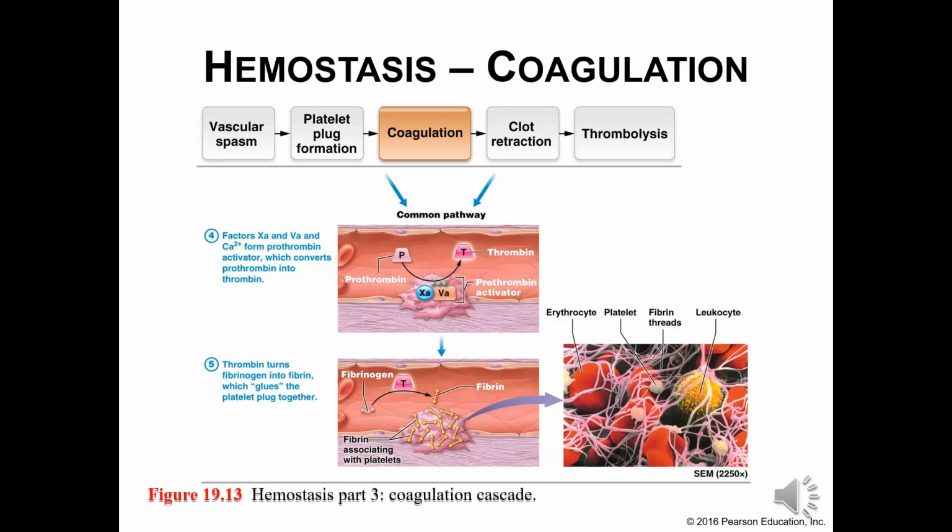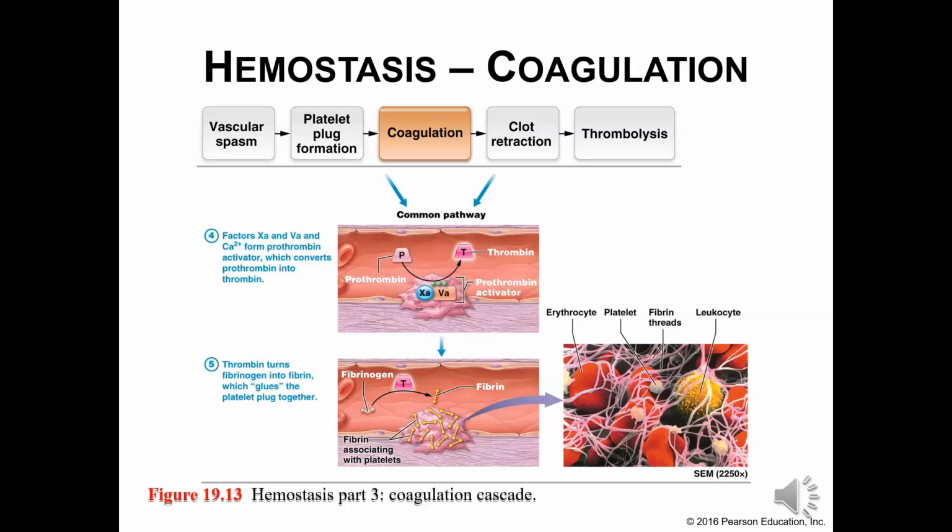So factors 10A and 5A and calcium then form prothrombin activator, which then converts prothrombin into thrombin. Here are your factors 10A, 5A, and calcium, and they form prothrombin activator.